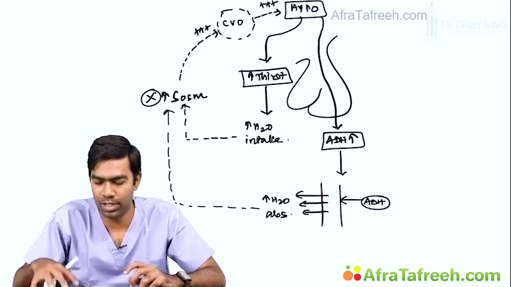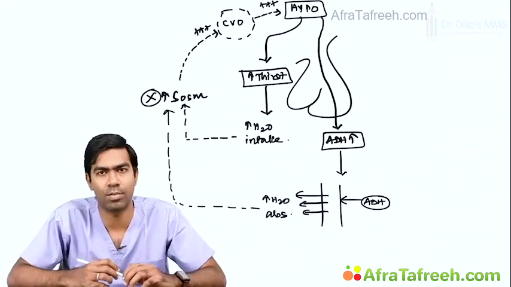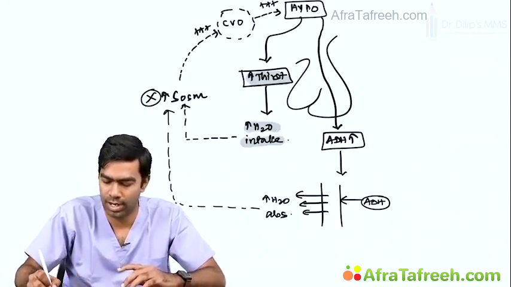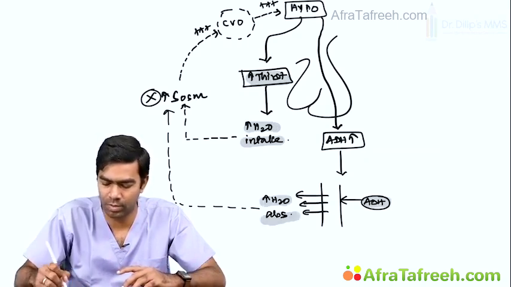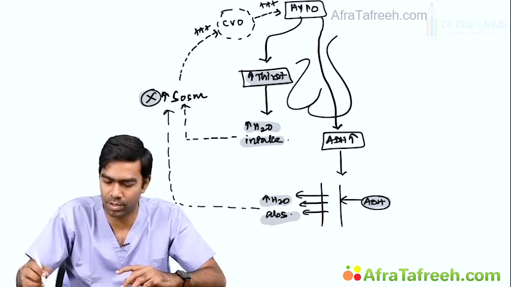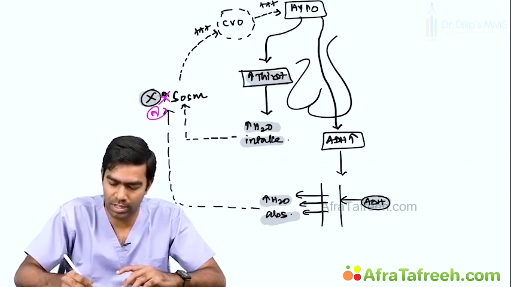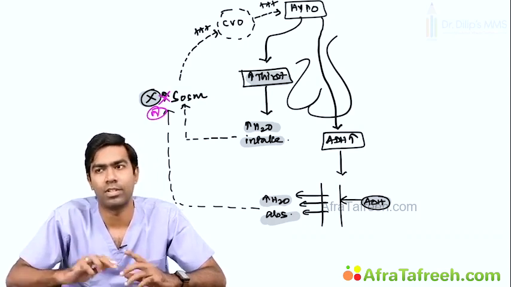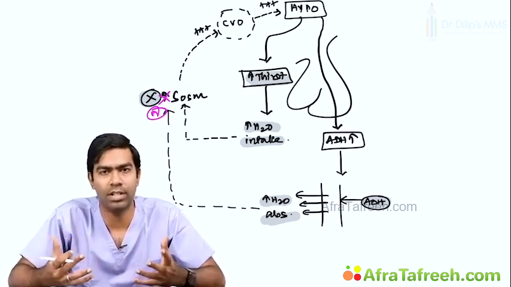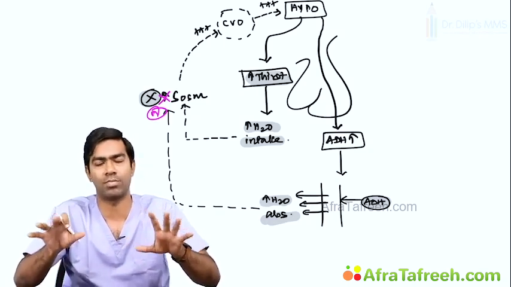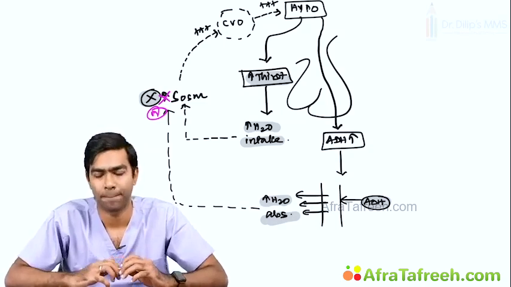There are two principles acting side by side to neutralize the higher serum osmolarity: thirst causing more water intake, and the ADH principle causing excessive water reabsorption. That is very, very important, because only then can you normalize the increased serum osmolarity. So this is like a feedback loop, a perfectly beautiful loop that works in a near perfect way to keep the serum osmolarity in the normal range.